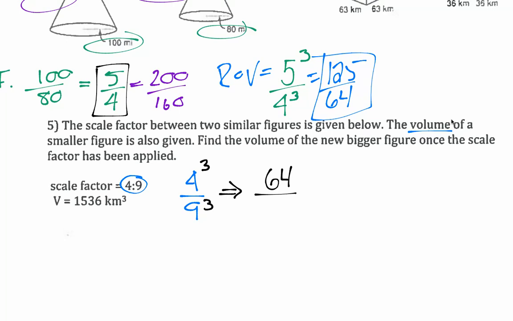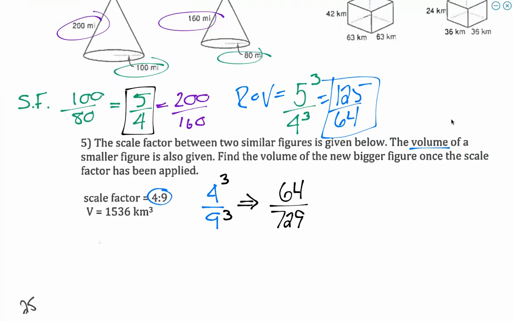Nine cubed is 729. So when I set up my proportion, this is now my ratio of volumes.